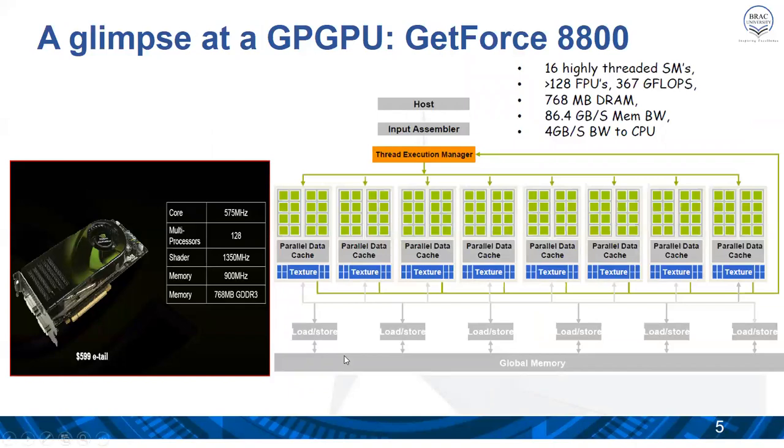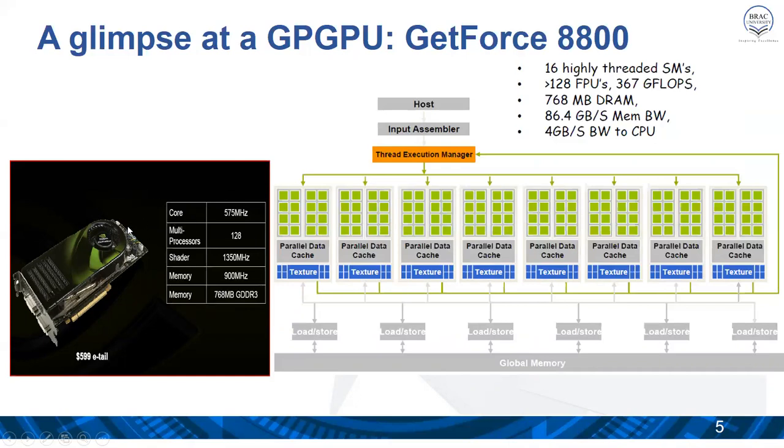So here we can see a real graphics card. The picture shows the graphics card. The model is GeForce 8800, and these are the specifications of this graphics card. This is basically a high performance graphics card.